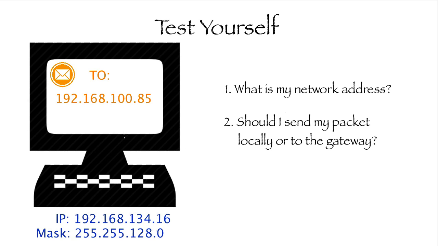So what I want you to determine is, what's my network address? What is the network address for this machine? And this machine has to determine, I want to send a packet here. Should I send it locally or to the gateway? So pause this video for a second and determine these two pieces of information and then check your answers.